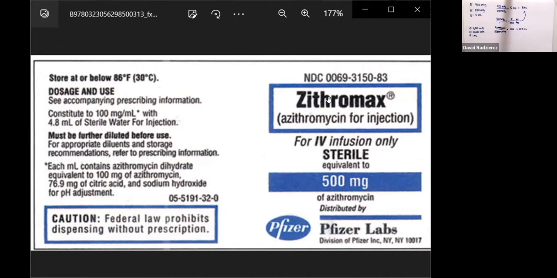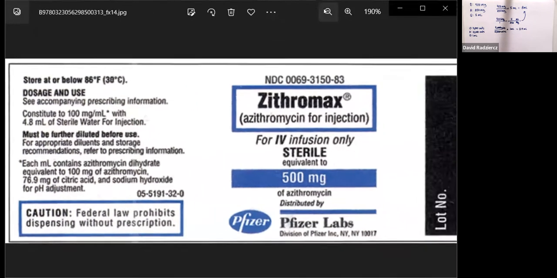So this Zithromax is a powder. We're going to add water, and then we're going to make a concentration of 100 milligrams per milliliter. So let's say I'm supposed to administer 250 milligrams via IV. Now I know that my concentration is the 100 milligrams per milliliter. So let me just see if I can create some space here.